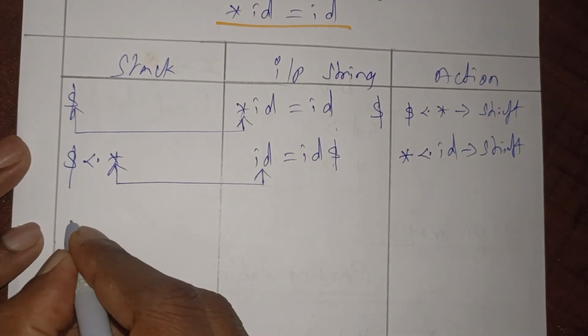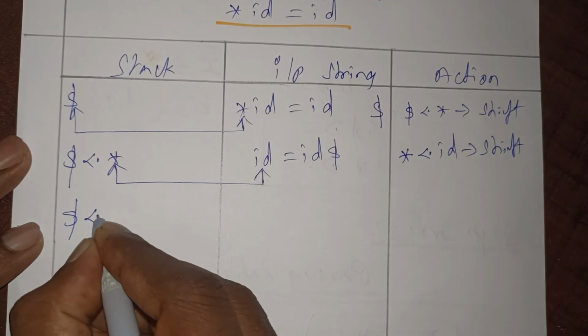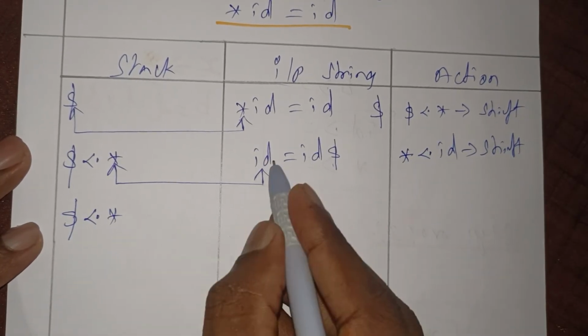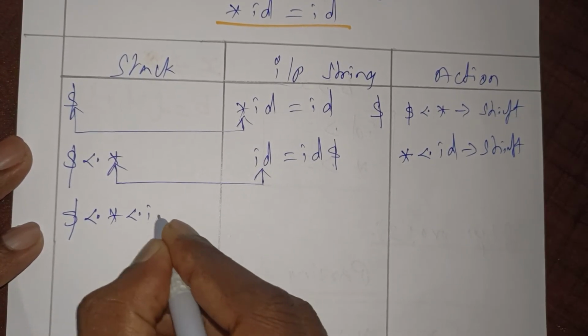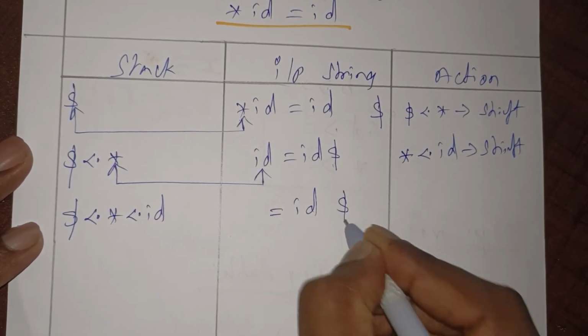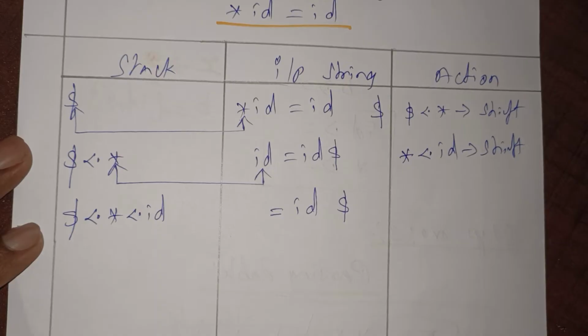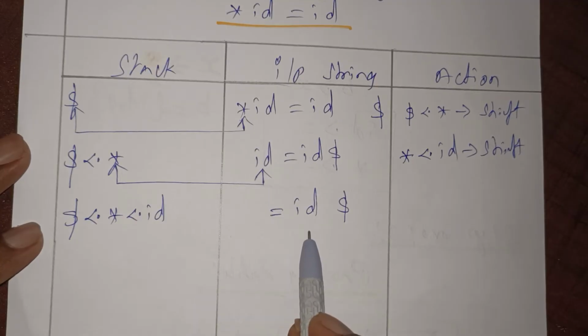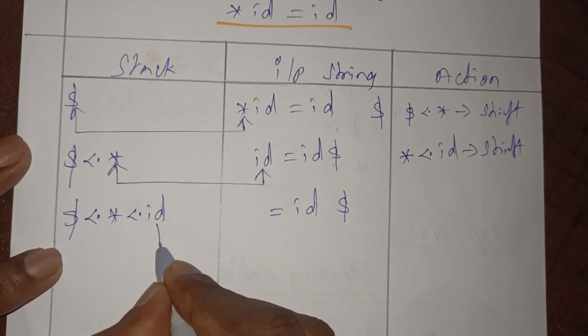Now dollar, asterisk, and again we are moving this particular id. So we are left with equal to id and dollar. You can check how this shifting has been performed. It is performed only if you are getting a leading symbol.